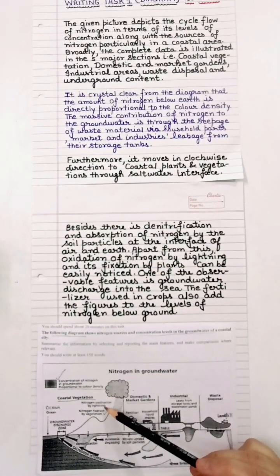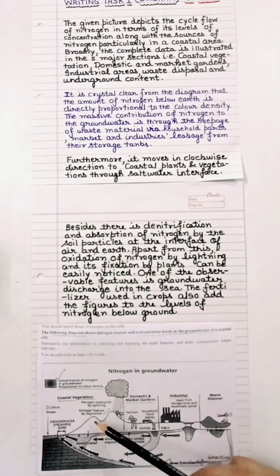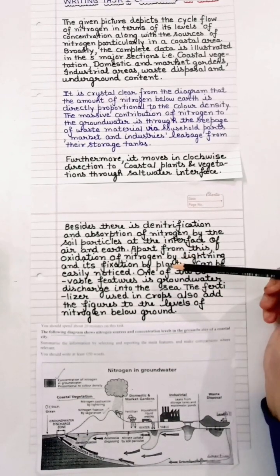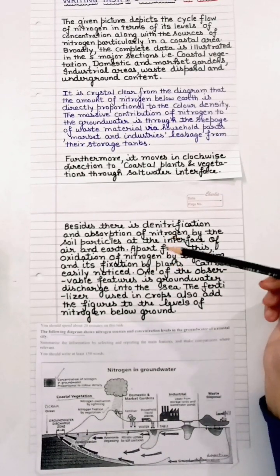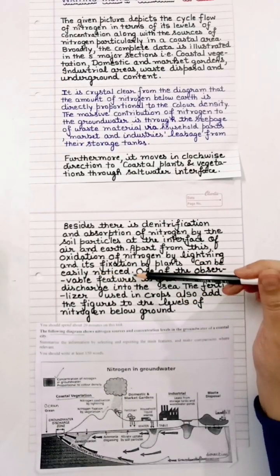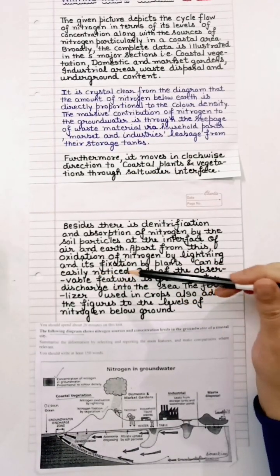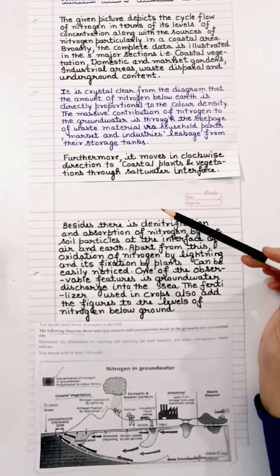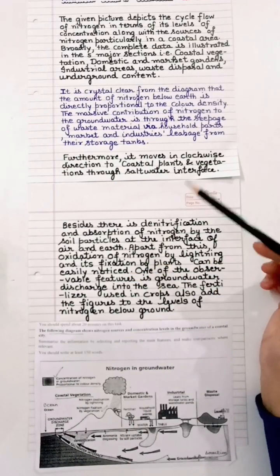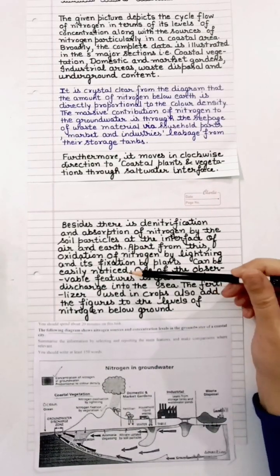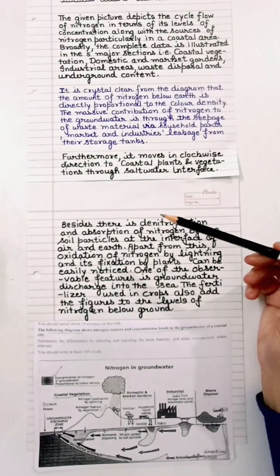Here it is written by lightning, okay? And vegetation means plants, so instead of writing vegetation, you are just using plants. Can be easily noticed. Now, these last four words make your sentence different. It creates variety. Okay, can be easily noticed, observed.